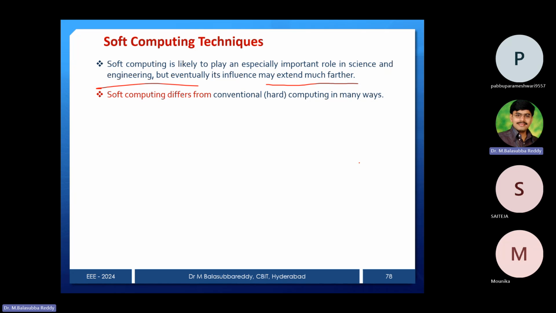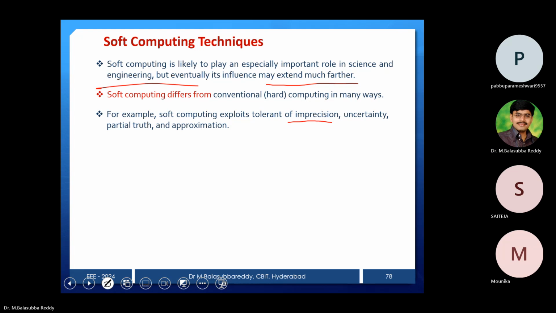It runs based on populations. For example, soft computing exploits the tolerance for imprecision and uncertainty, partial truth and approximation. This is the case in soft computing, partial truth, whereas in the case of conventional methods, there is exact truth and a lot of approximation.